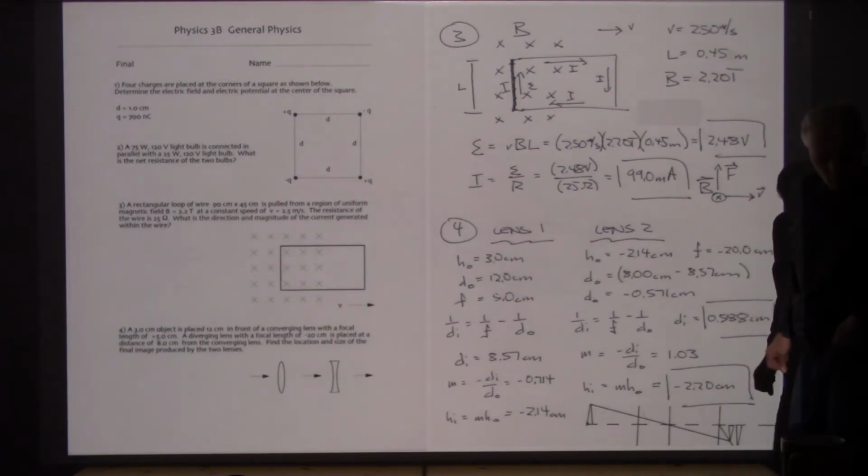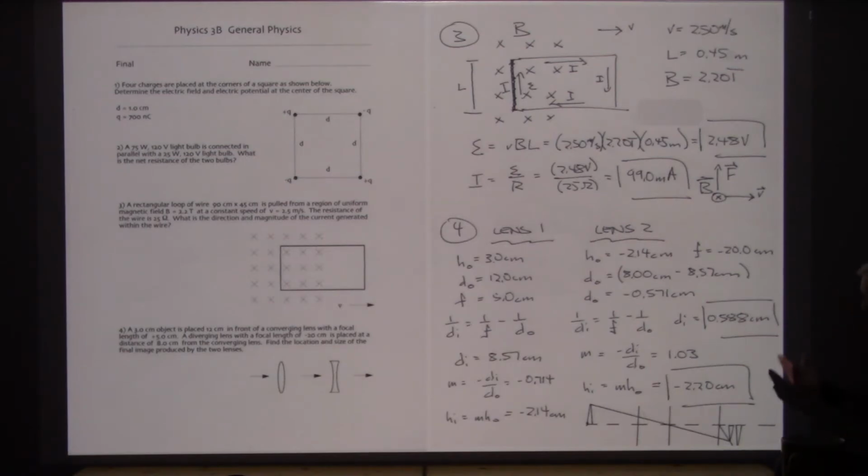What does that mean? Well, a positive image would be on the side of the lens where the light is exiting. And so the image is just beyond where the object is located. Now the object is virtual, and it's got a minus sign on it, but the image is real because it's got a plus sign here.